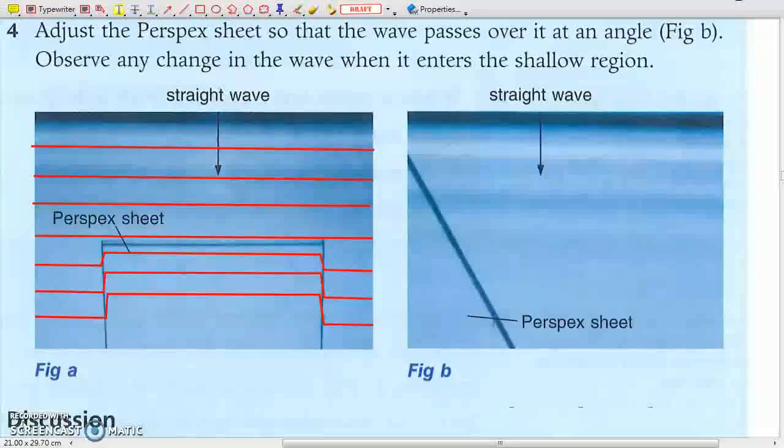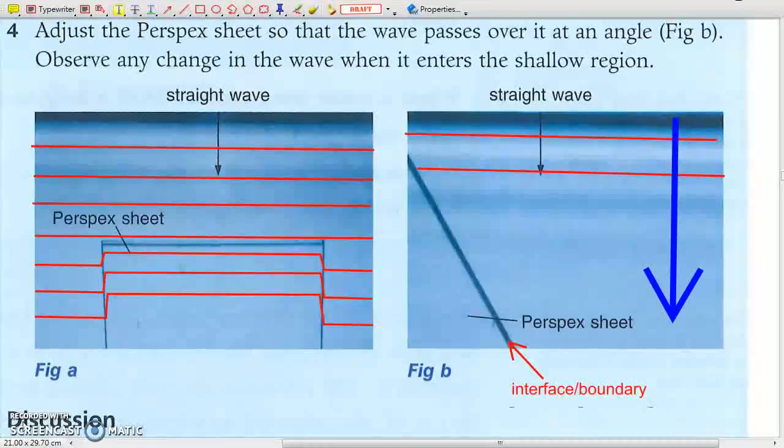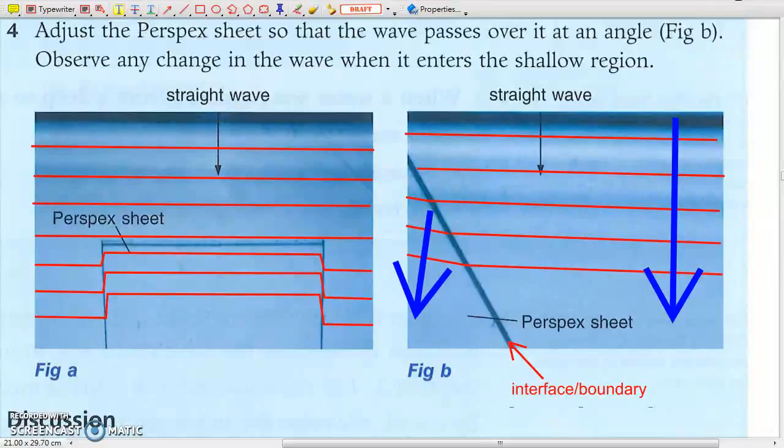But how is change in direction resulted? Let's refer to page 51 again. The water wave hits the interface or boundary at an angle. When the wave enters the shallower region, it travels slower than the part still in the deeper region, which then results in new wavefront direction.